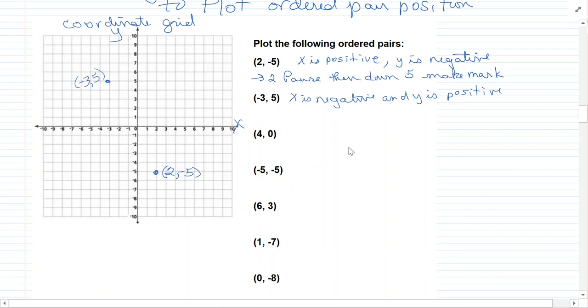It's in quadrant 2. All right. And so what we did was we went to the left 3. Pause. Then up 5. Make a mark.